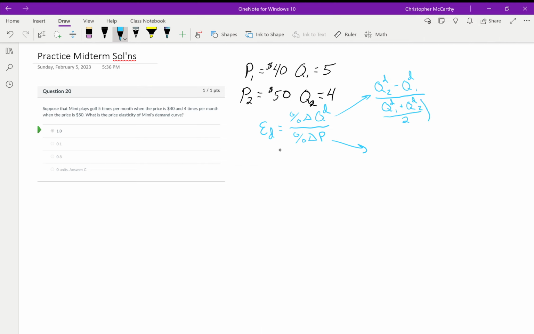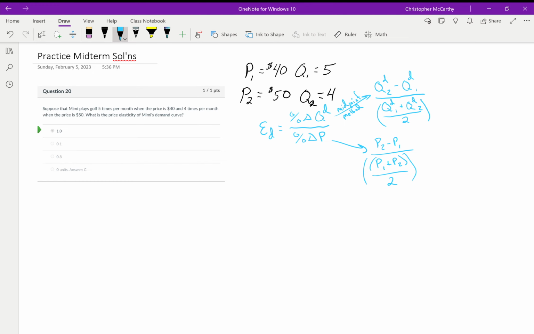Because we're using what? Our midpoint method of calculating percentage changes. Similarly, for prices, we're going to have P2 minus P1 all over P1 plus P2 over 2.